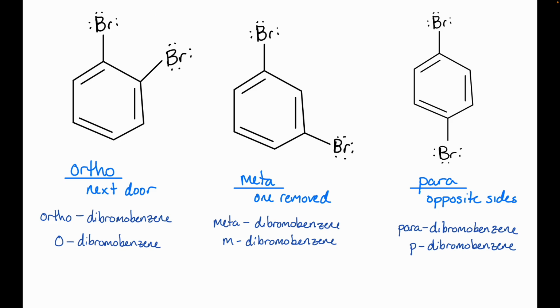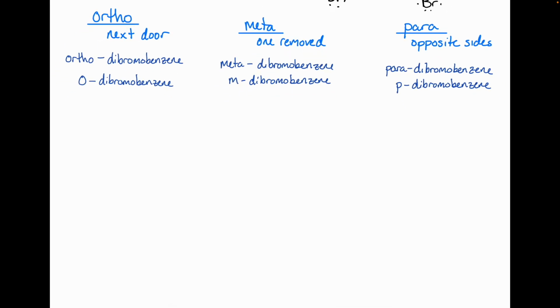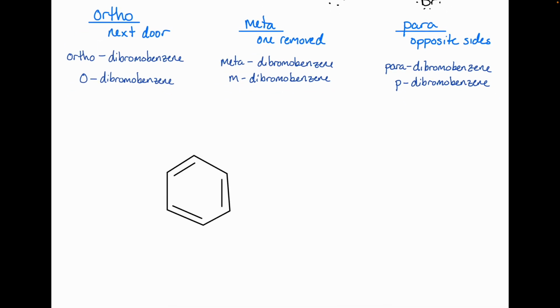All right, so we have these ortho, meta, para designations, and they tell you how far apart those two substituents are on your benzene ring. Again, we're going to see this come up not just in nomenclature, but when we start talking about reactions of benzene rings.